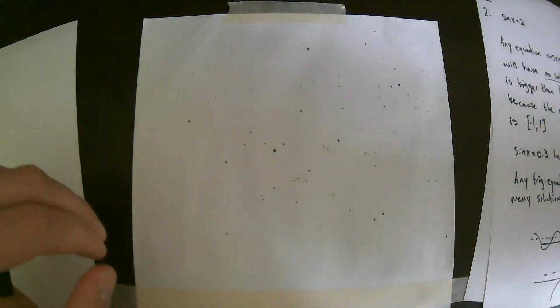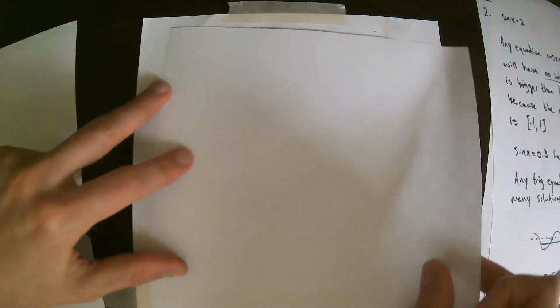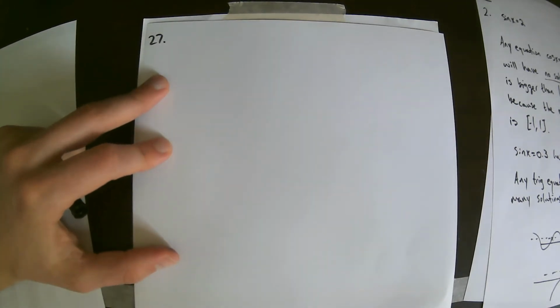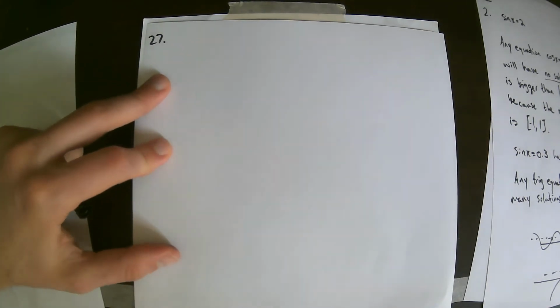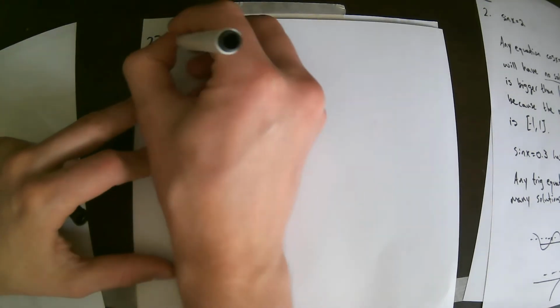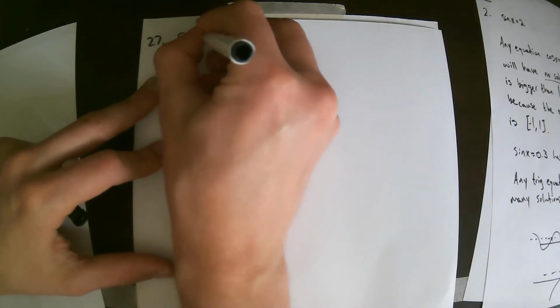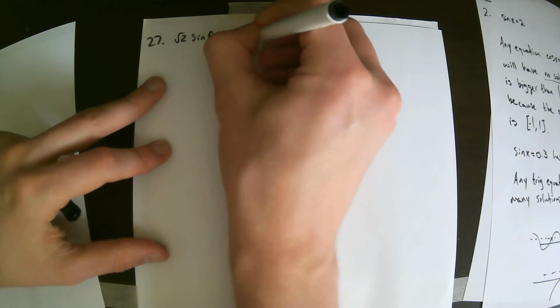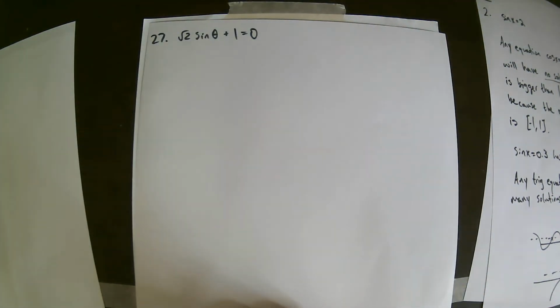Okay, number 27 is next. Okay, this one says square root of 2 sine theta plus 1 is equal to 0.